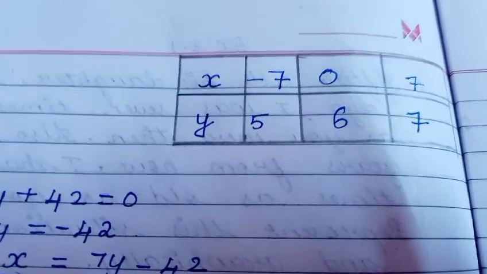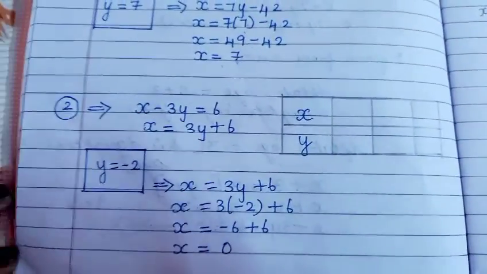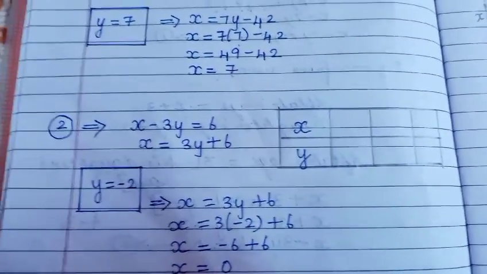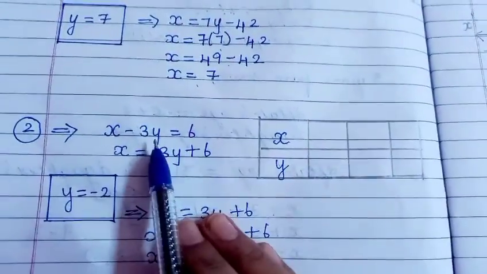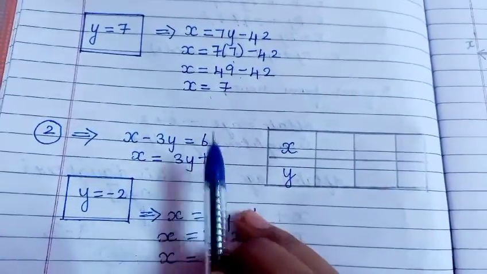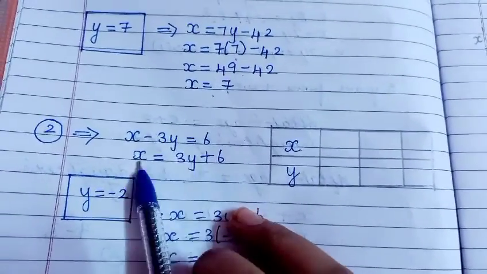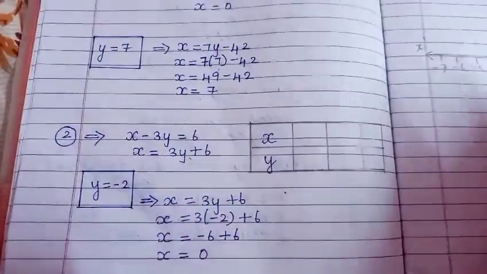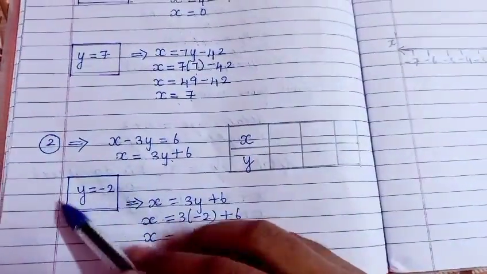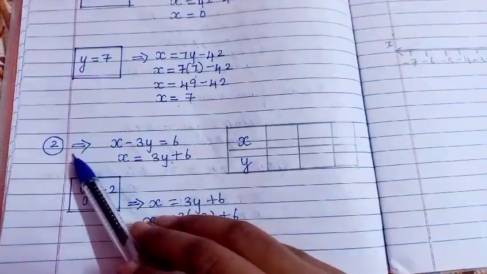Once you're done with it, let's go for the second equation. Here I've written the second equation: x minus 3y is equal to 6, and we are just going to transpose this minus 3y to the other side as plus. Here the same concept applies, I can take any 3 digits for the second equation also.